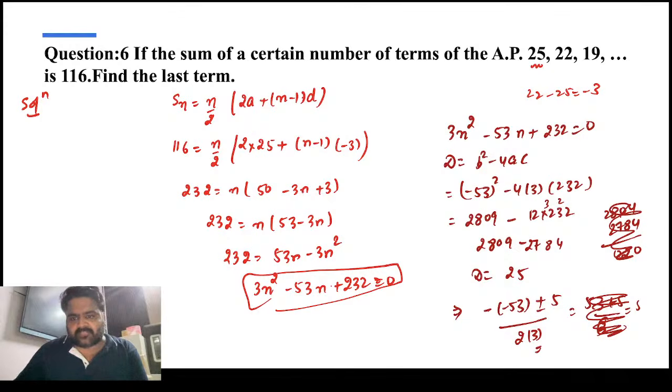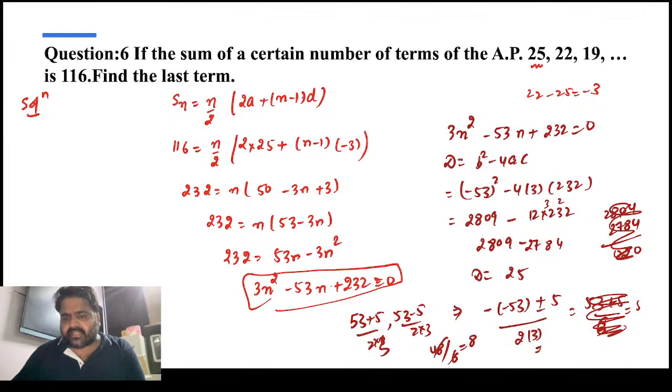Now the value of the result is 53 plus 5 upon 6 and 53 minus 5 upon 6. So the result would be equal to 48 upon 6. The result is 8.